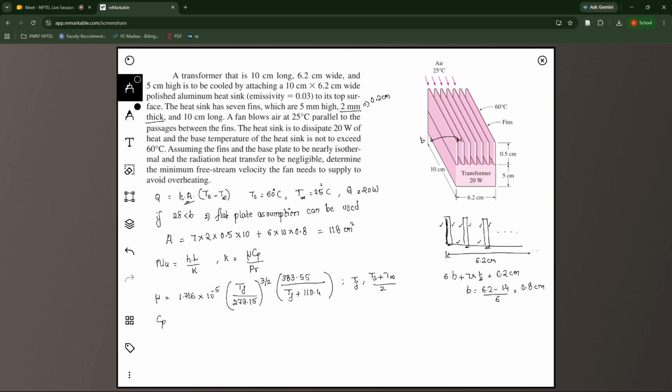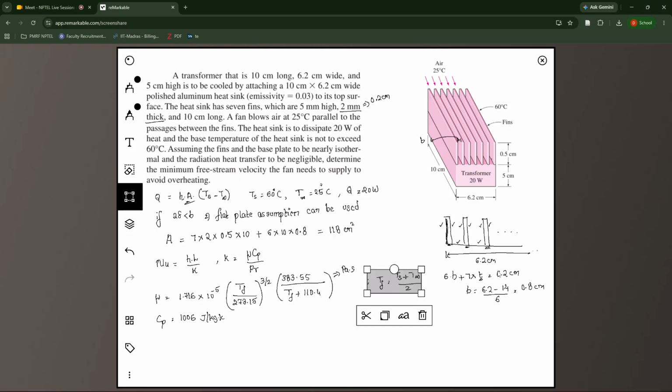Cp you can take as 1006 joule per kg Kelvin, and mu will be in Pascal second. And then Prandtl number you can take as 0.71.